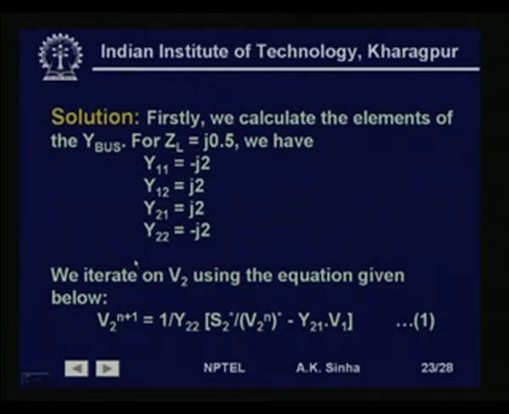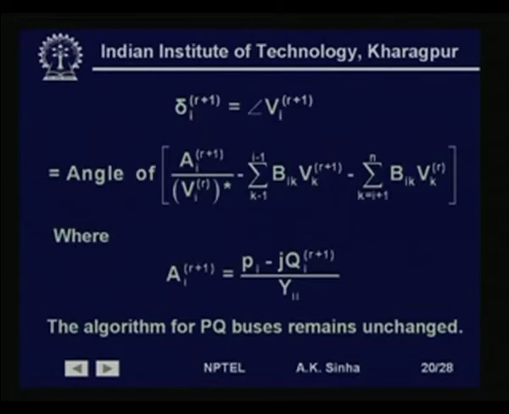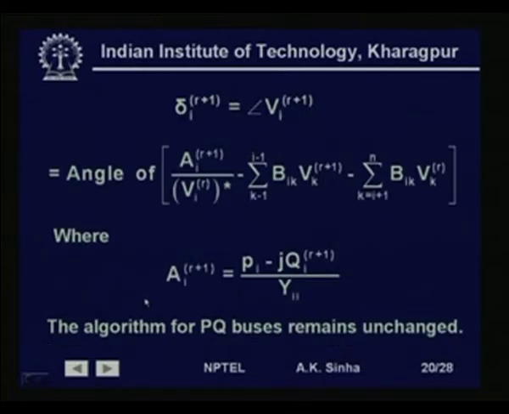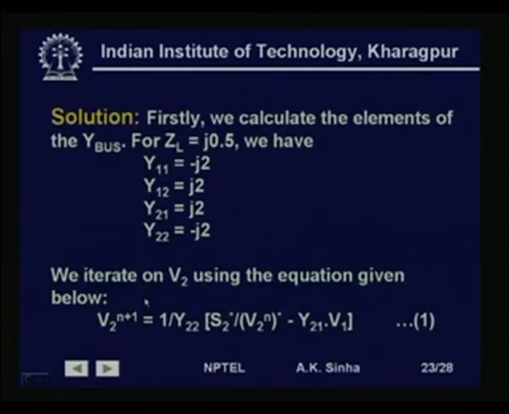Now, if we go back to the equation that we have set up for the Gauss-Seidel method, and substitute the values here, then we have V2, which is the unknown, V1 is known.